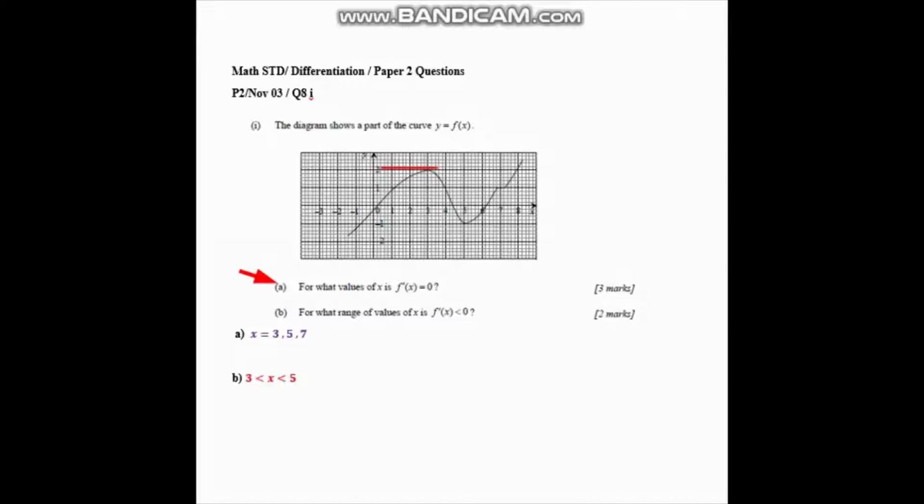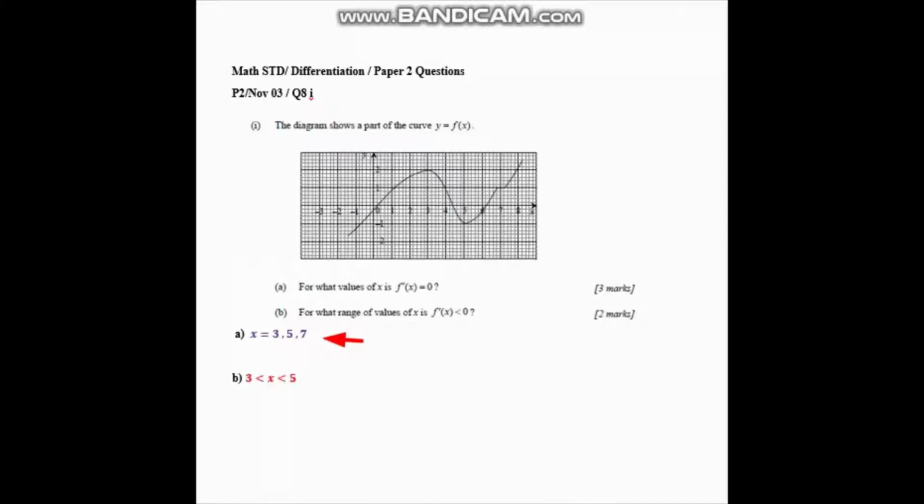This applies to this point, this point, and this point. So the tangents are horizontal at these points, hence the slope is 0 there, there, and there. Hence the values of x corresponding to 0 f dash are 3 and 5 and 7.